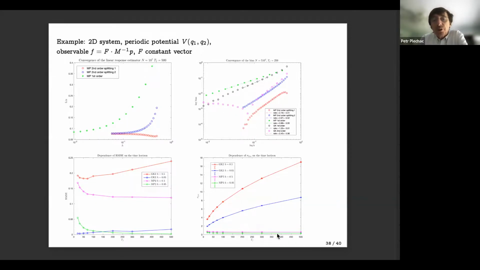And it's much smaller than the variance of Green-Kubo estimators. And if you look at the root mean square error, we see that indeed the martingale product estimators can outperform Green-Kubo even in this simple low dimensional problem.